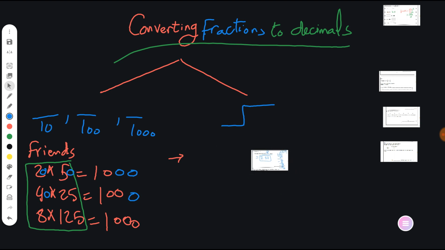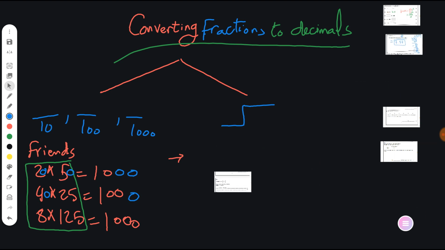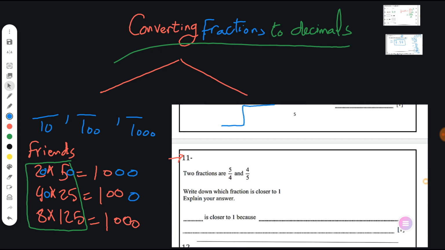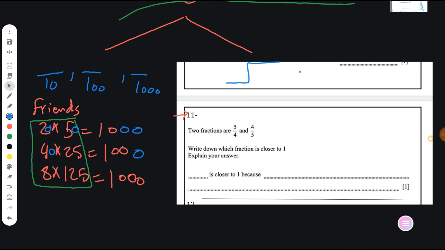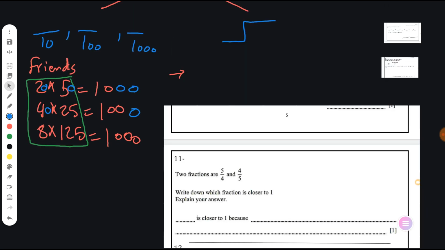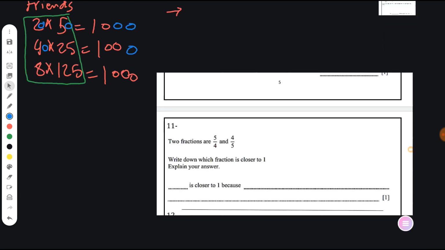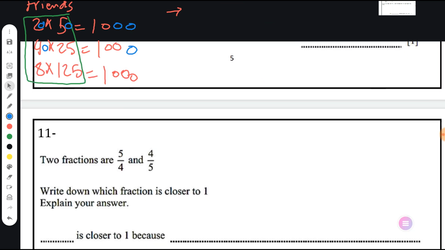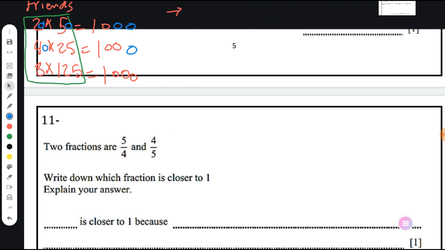Another question from paper 1 too. Two fractions. Actually this question can be solved in two ways. One of them is to convert both to decimal.